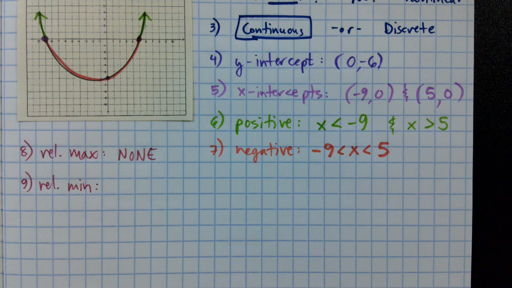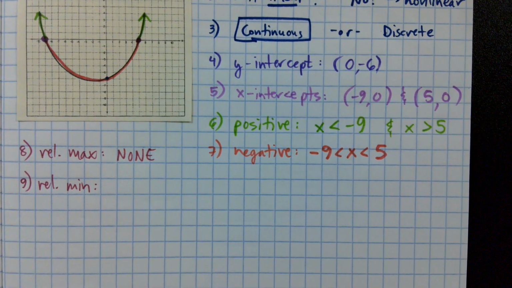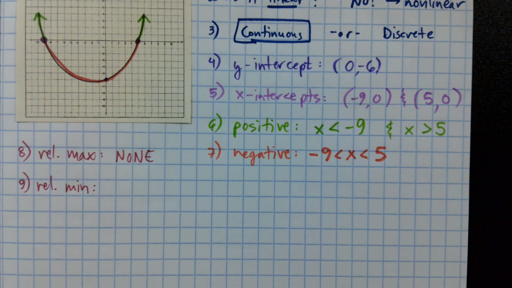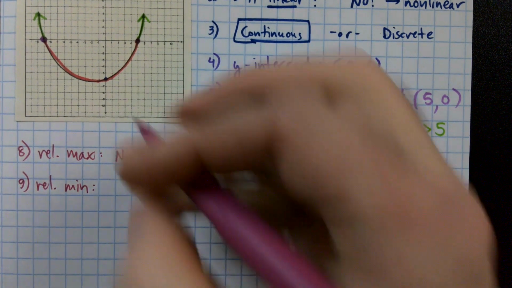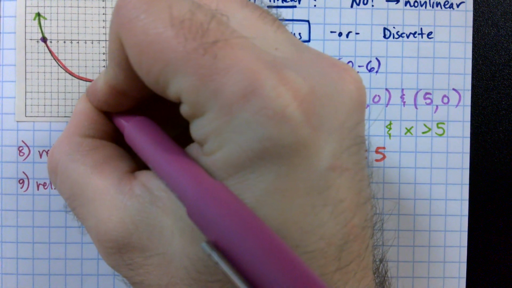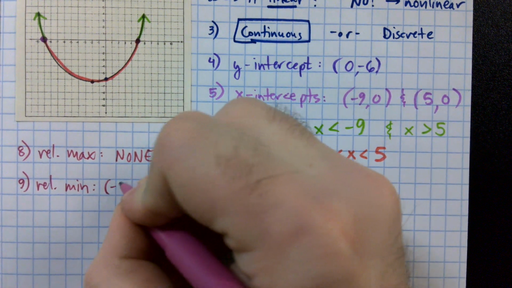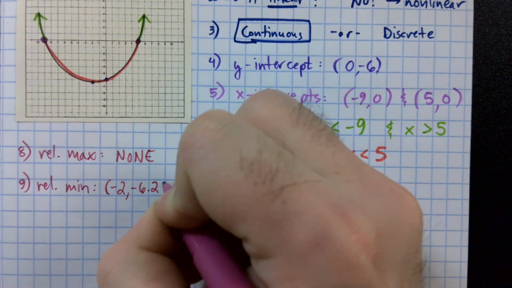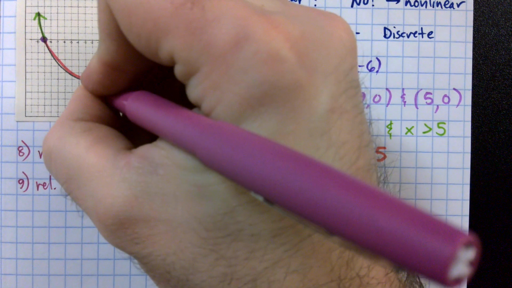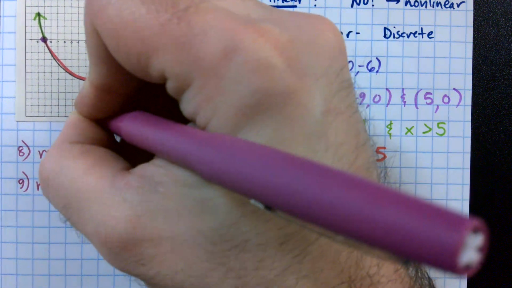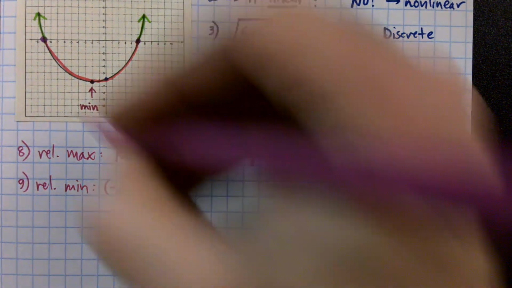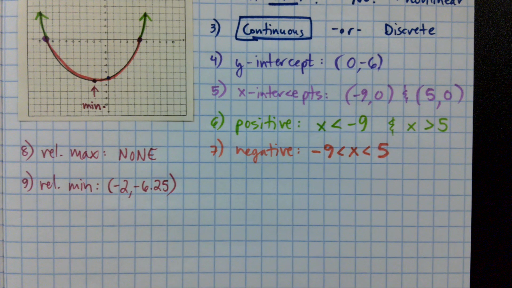Yeah. Approximately where is it at? -2, perfect. Negative 2, negative 6.25. Right there.